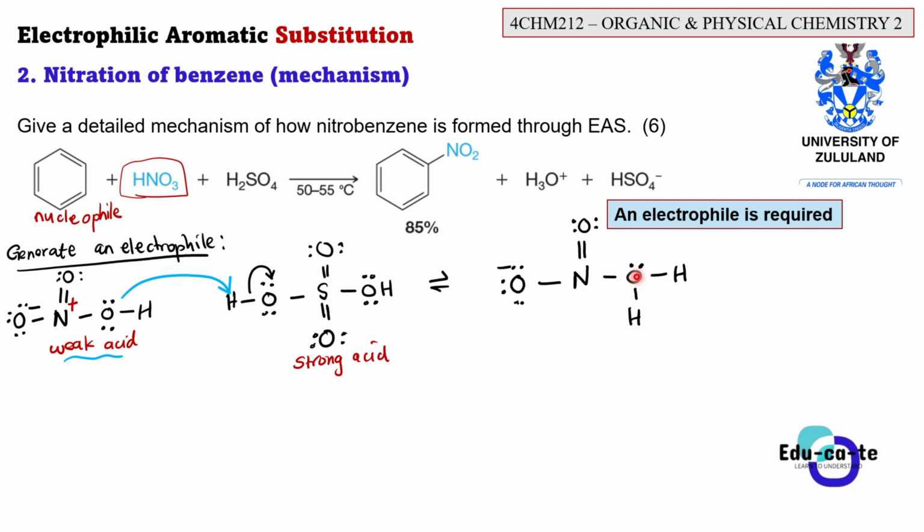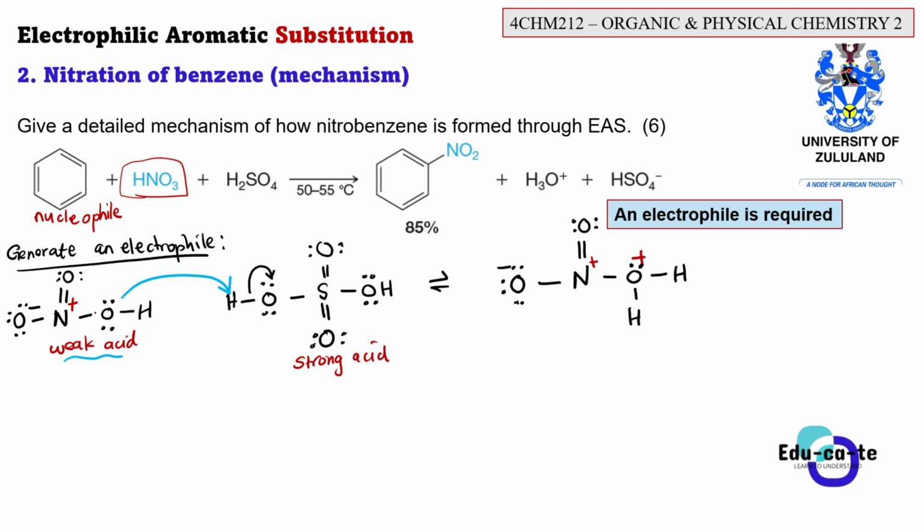But now this oxygen has 3 bonds, and you know that it's not acceptable for oxygen to have 3 bonds, right? So if you calculate the formal charge properly, then you will understand that this oxygen will have a positive formal charge. And once this oxygen has a positive formal charge, it is very unstable. It cannot be stable having a positive formal charge.